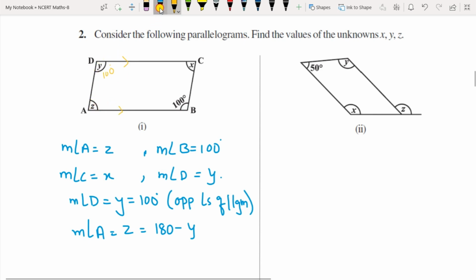So z plus y equal to 180. So z equal to 180 minus y, that is equal to 180 minus 100. So z will be equal to 80 degrees. So z is here 80 degrees, and in front of z it is x, so x will also be 80 degrees.